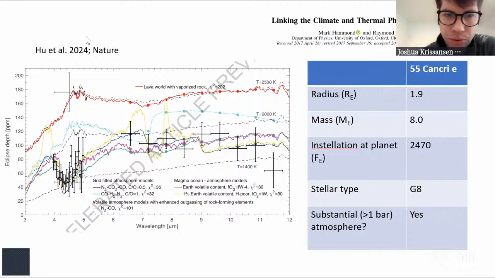Renyu Hu had this paper out looking at 55 Cancri. Again, not a temperate planet by any means, it receives thousands of times the insolation of Earth.